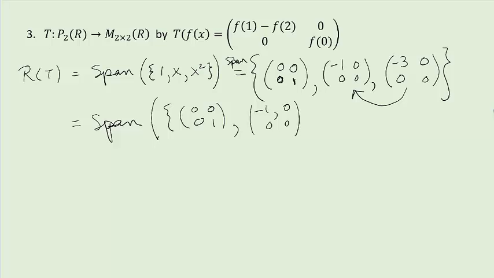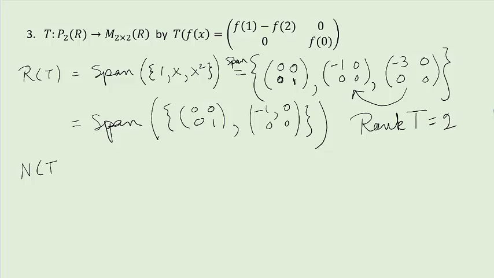I could have just put 1, 0, 0, 0, 2. Wouldn't make any difference. So we have then a basis for the range of T. It has two matrices, so we say that the rank of T is equal to 2, the dimension of the range.